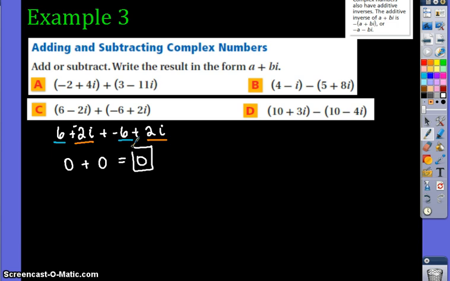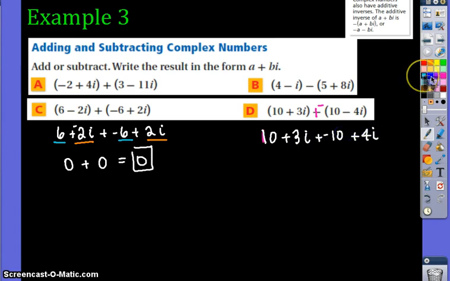So let's look at one more here. 10 plus 3i, and then minus the quantity of 10 minus 4i. So we definitely, again, want to change that to add a negative so we can distribute that negative 1 correctly. So let me go back to white. 10 plus 3i, and then plus a negative 10, and then plus 4i, positive 4i.